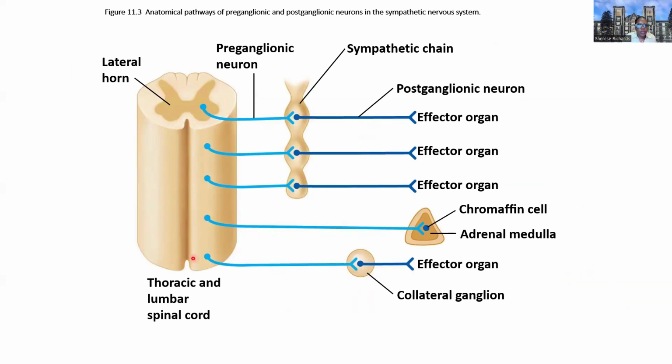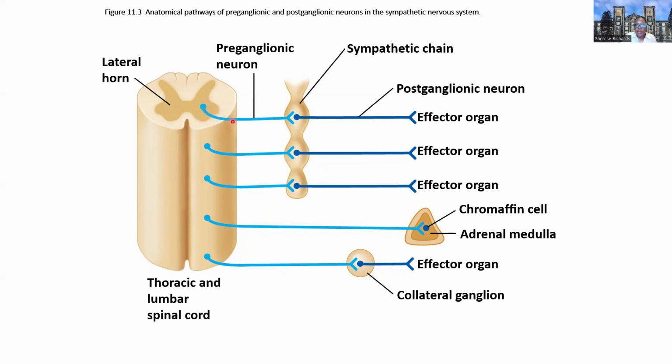Here's the spinal cord. And again, looking at the cross section, I just want to reiterate where these fibers arise. They arise from the lateral horn. So the spinal cord has three horns, right? It has a dorsal horn, a ventral horn, and a lateral horn. The ventral horn we'll talk about later. That's where motor fibers arise. So when you get to the somatic system, we'll talk about how fibers arise from the ventral horn. The autonomic fibers arise from the lateral horn, also called the intermediolateral cell column.